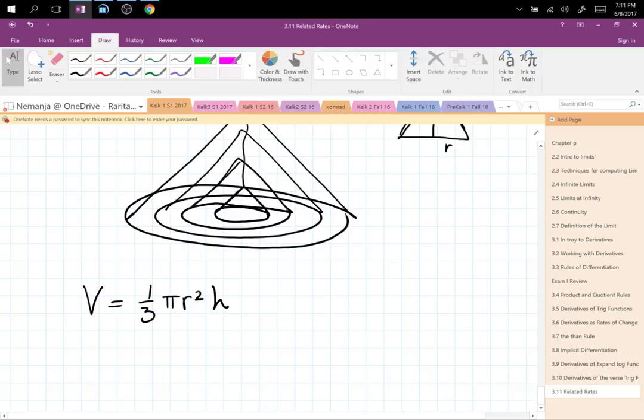And then we say, okay, I need to figure out the related rates equation. So you immediately differentiate this, but this is where you have to be careful, because now you have three variables. You have the change in volume, change in radius, and change in height, which means that the right-hand side has a product rule.